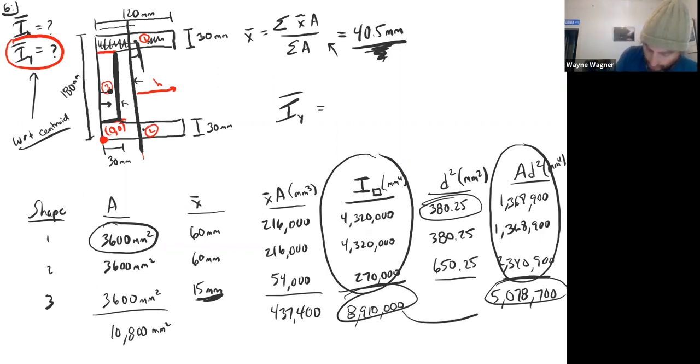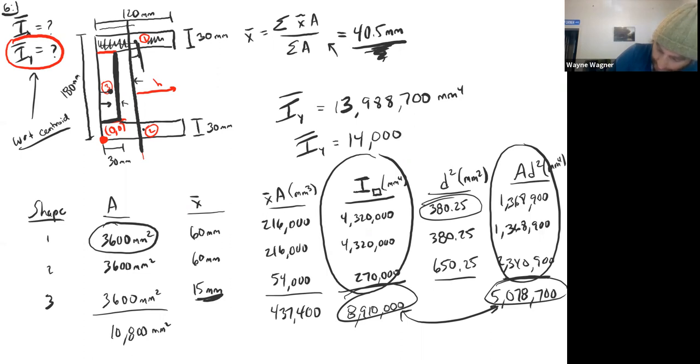So we're going to add these two numbers right here, plus 8,910,123, and we get 13,988,700 millimeters to the fourth, some insane number. Equals, let's go with 14 million millimeters to the fourth.